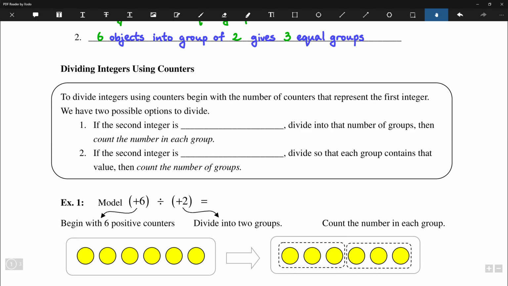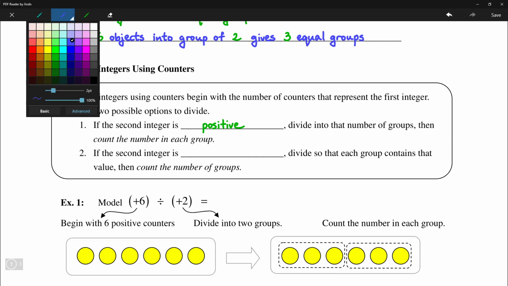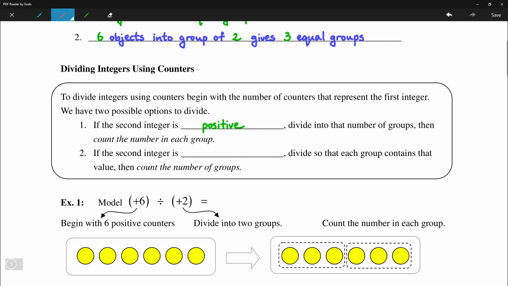For the second integer, if it is positive, we divide into that number of groups and then count the number that is in each group. If the second integer is negative, then we divide so that each group contains that integer, and then we count the number of groups.